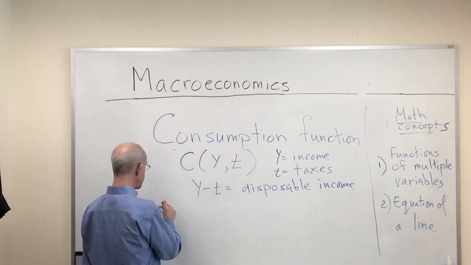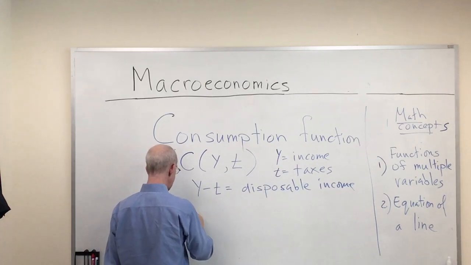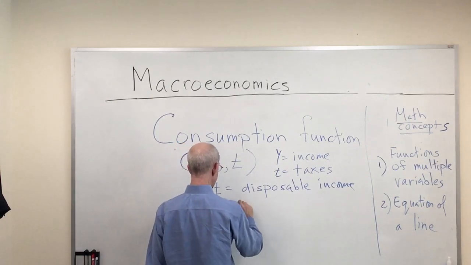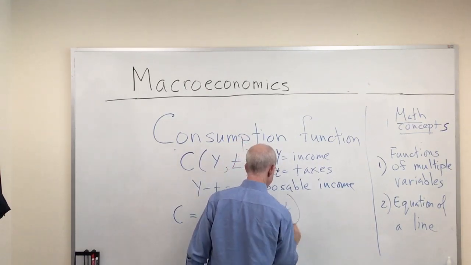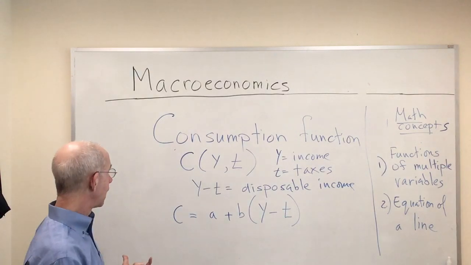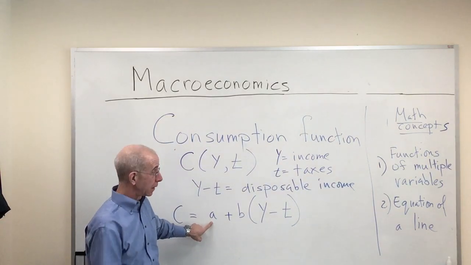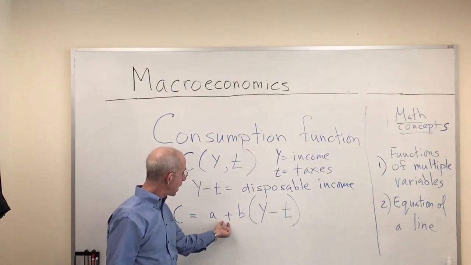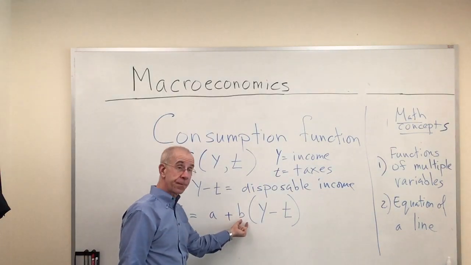So we're going to say consumption is a function of disposable income, and I'm going to write this in the following way. This is an equation of a line, and I'm going to have an intercept, A, plus B, some parameter. A and B are both parameters.